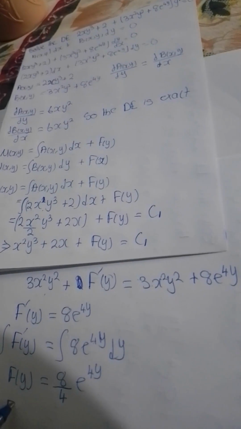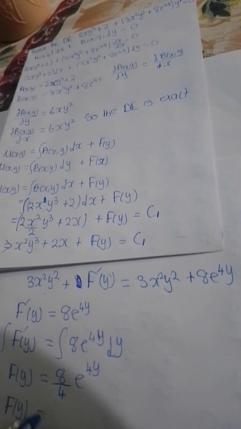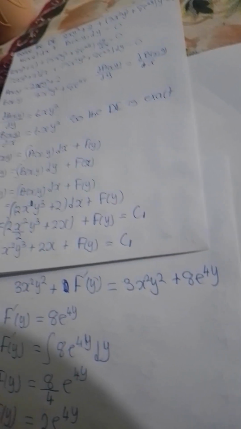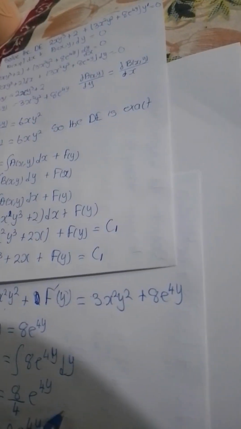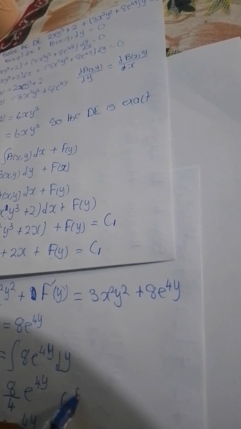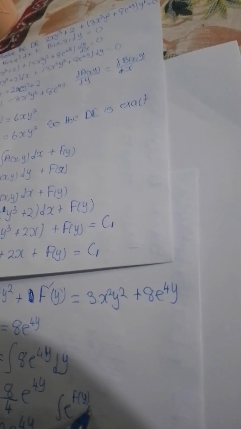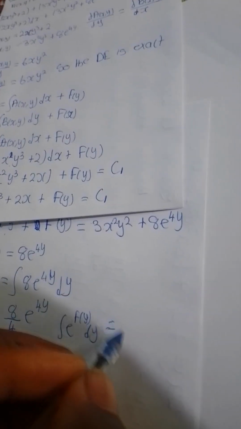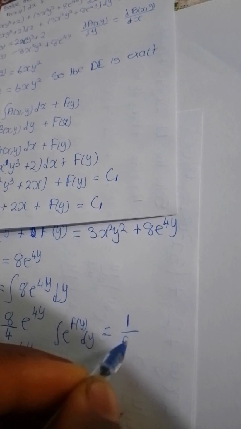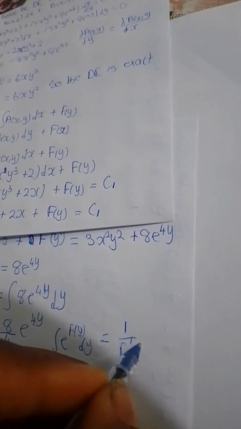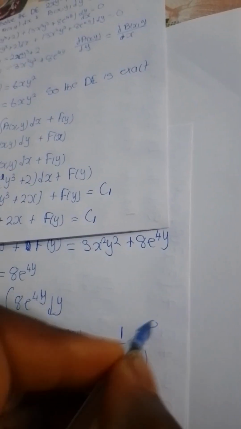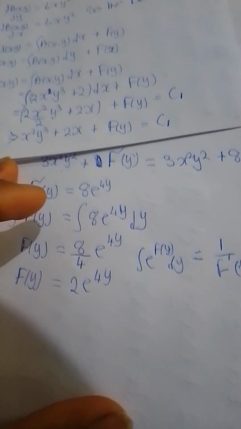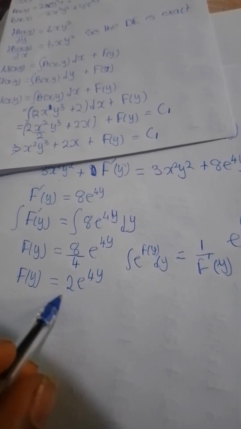So I have f of y to be equal to 2 exponential to the power 4y, knowing that the integral of exponential to the power f of y with respect to y is simply equal to 1 over f prime of y times exponential to the power f of y. So basically we obtain our f of y to be equal to this.